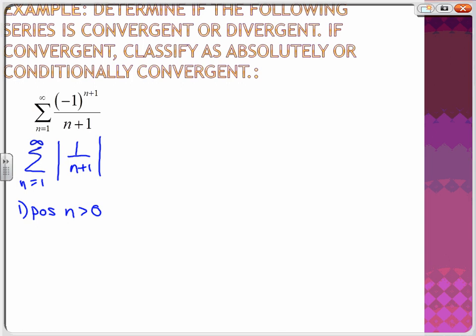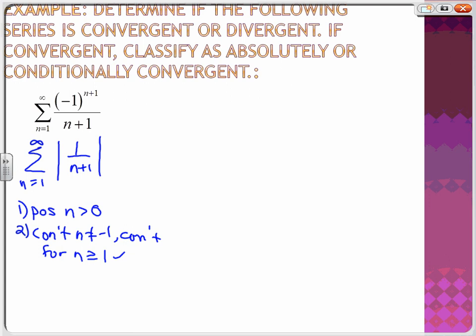So you could say greater than or equal to 1 or greater than 0. Whatever. Continuous, let's see. n cannot equal -1. So good, we're continuous for n greater than or equal to 1. Or you could just say greater than 0, whatever.